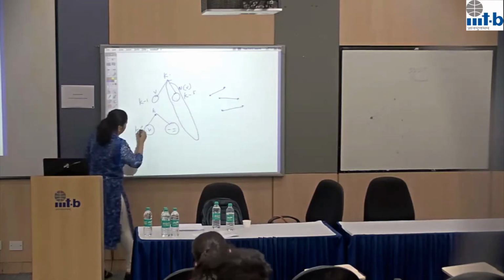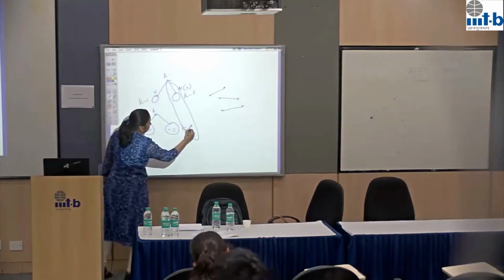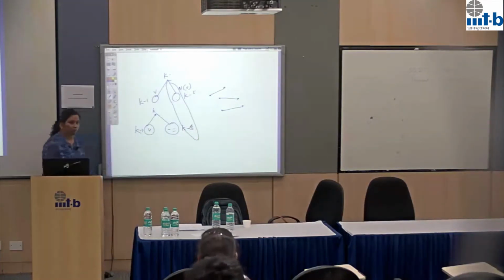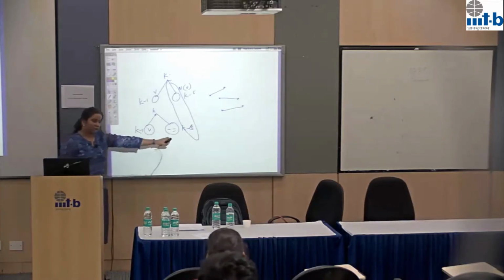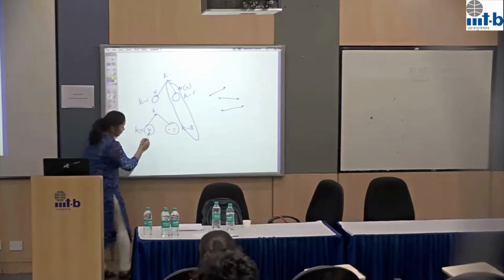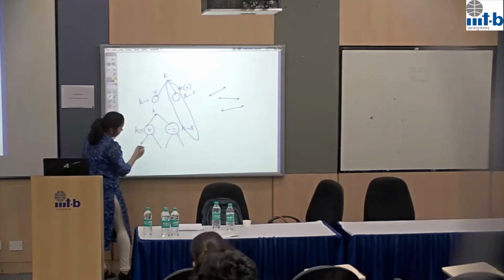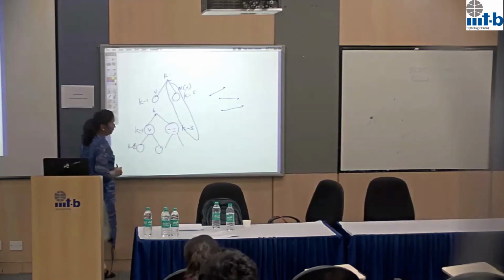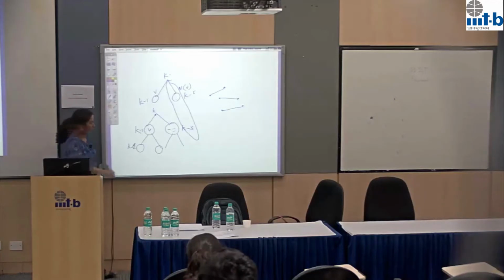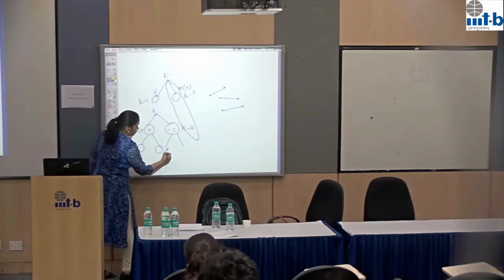Here it is K minus 1, here it is at most K minus 3. In every branch you can branch into 2 branches, such that one branch reduces the budget by 1 and the other branch reduces the budget by 3.